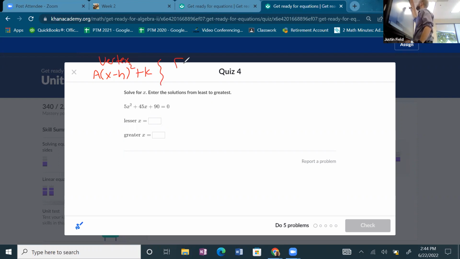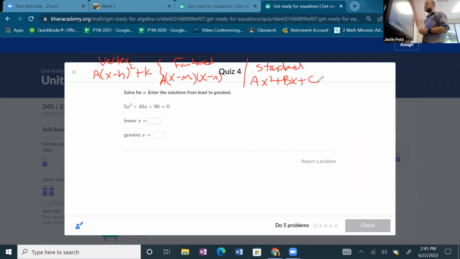And then factored is a times x minus m times x minus n, and then standard is ax squared plus bx plus c. And there are methods to go from one to the other.